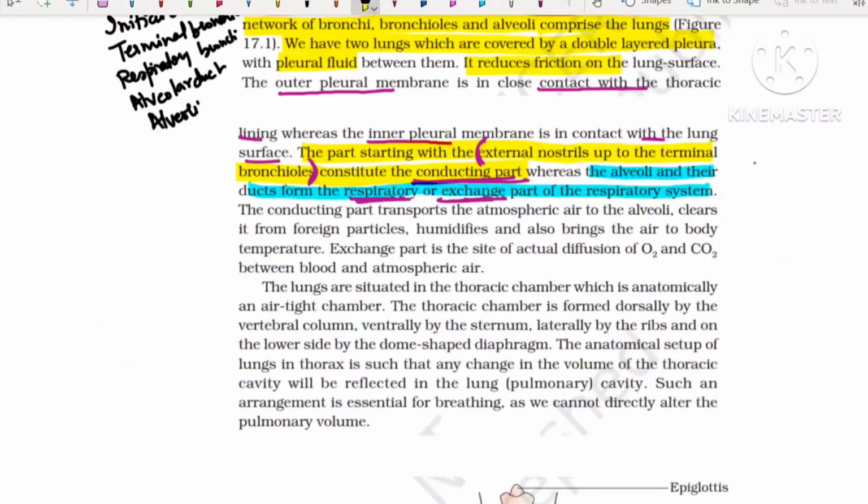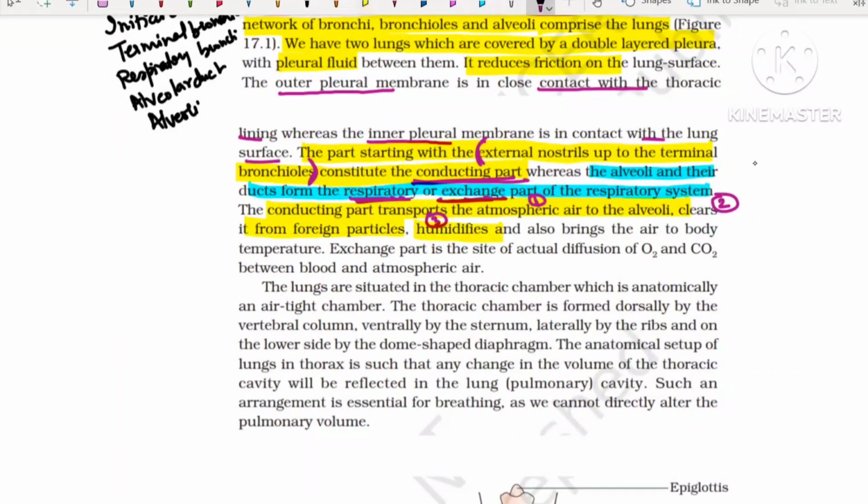Now, what is the role of the conducting zone? The conducting part will transport the air to the alveoli. Number one function, it will transport air to the alveoli. Number two, it will clean the air from foreign particles. Number three, it will humidify the air, meaning it will bring the air back to normal humidity.